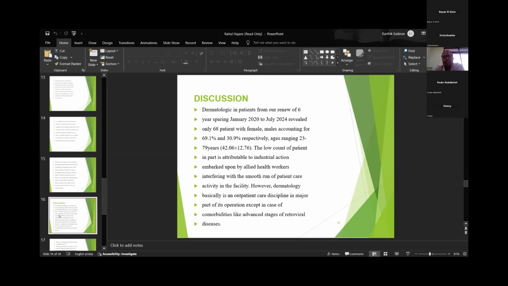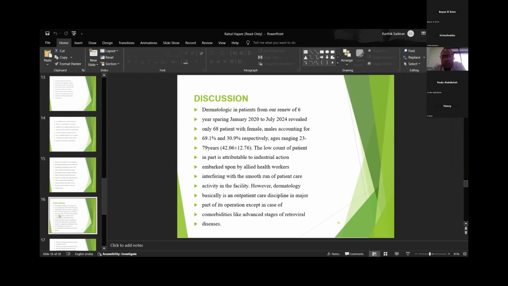Discussion. In this study, dermatologic inpatients over the 6-year study period, from January 2020 to July 2024, revealed only 68 patients, with females and males accounting for 69.1% and 30.9% respectively, aged 23 to 79 years.